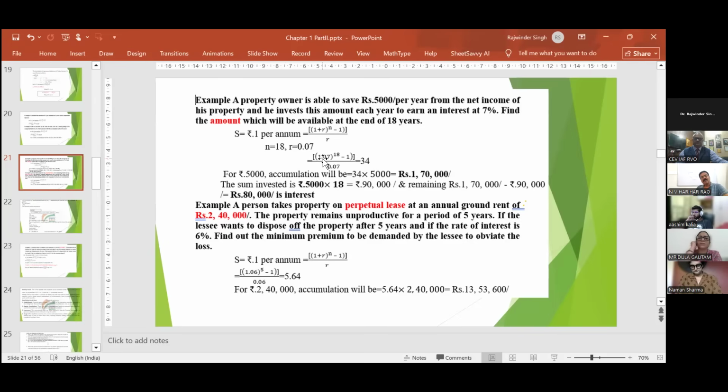You were applying the formula FV equals P into (1 plus R to the n minus 1) upon R. You were depositing 5,000 and you were getting 1,70,000. And now let us suppose you need 1,70,000 after 18 years at 7% rate of interest. How much amount do you have to deposit? How will you calculate that?